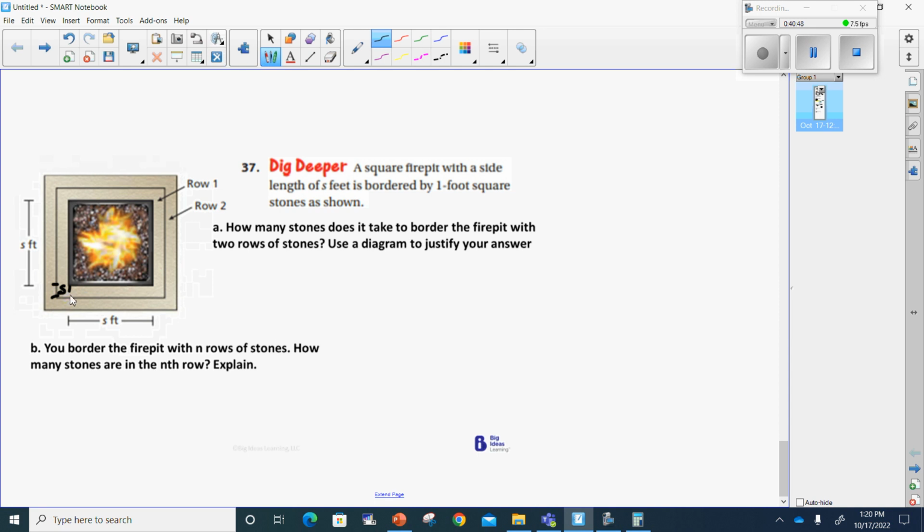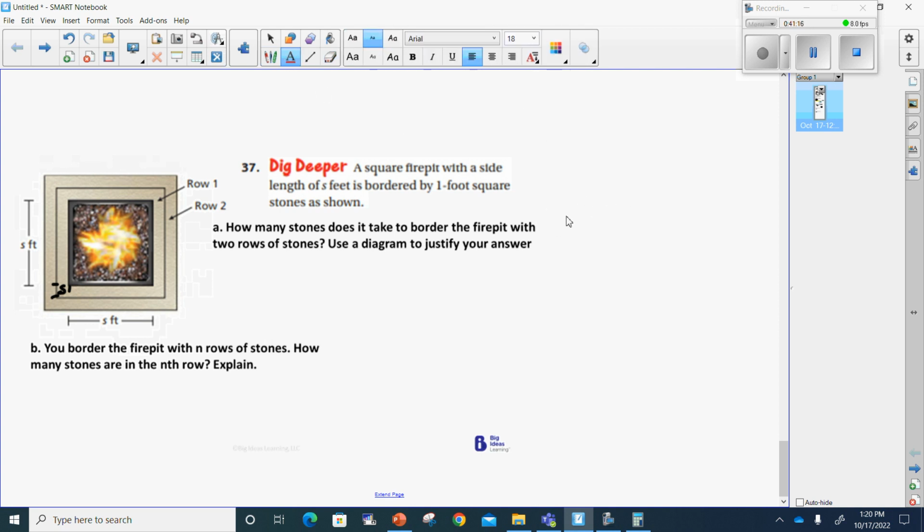So if I'm going to do this, it says to take to border. So we're talking the perimeter here. So we already know this is going to be S and then another S, right? So 2 S's, right? And then we're going to add, I got 2 S's. I really need to make that more legible because it looks like a 25.